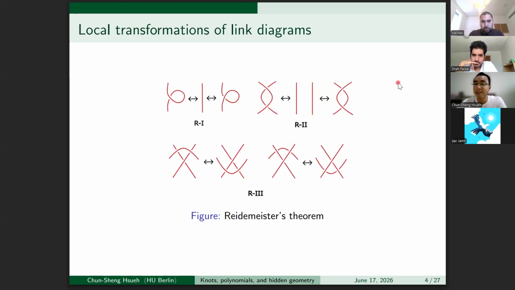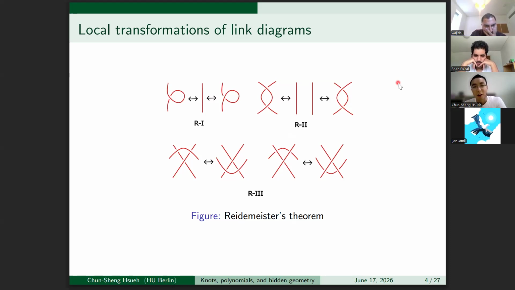And these pictures that I've shown you are supposed to represent these three-dimensional objects. Knots are one-dimensional, but they are embedded in a three-dimensional space. It's common to depict knots or links in something called knot diagrams or link diagrams. So what are link diagrams?